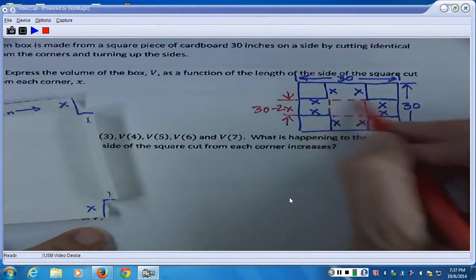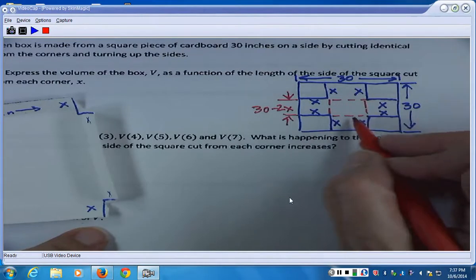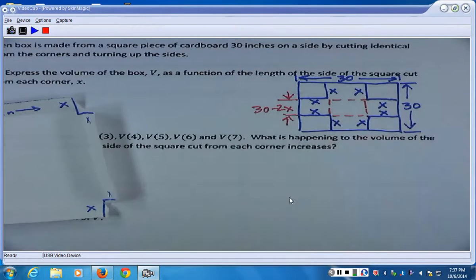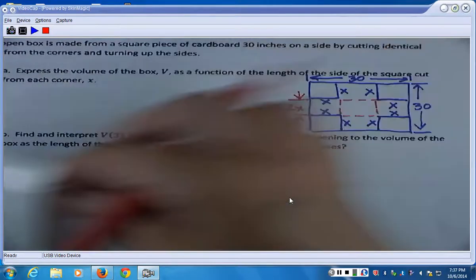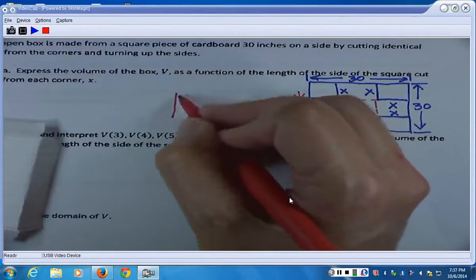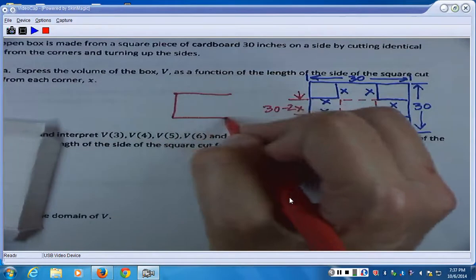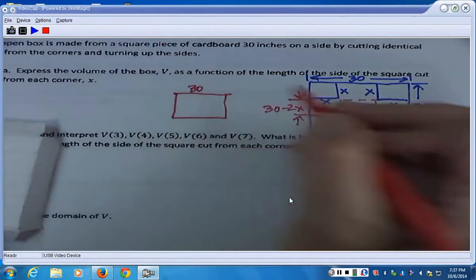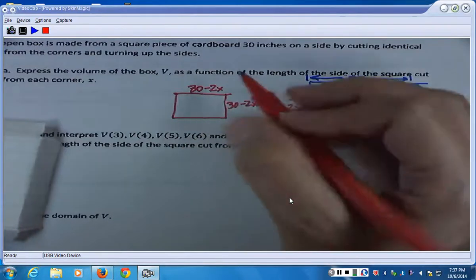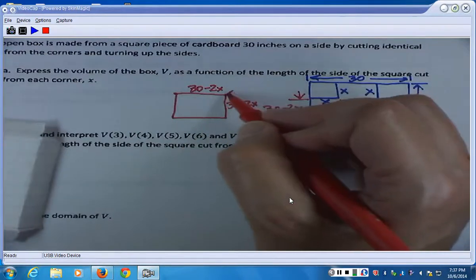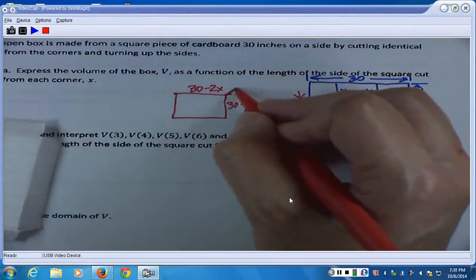And this is a square, so the distance here is also 30 minus 2X. So if I show it to you this way, with the bottom facing us, this is 30 minus 2X, this is 30 minus 2X, and this little amount here is X.